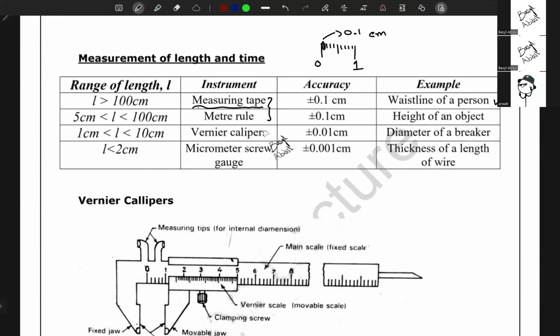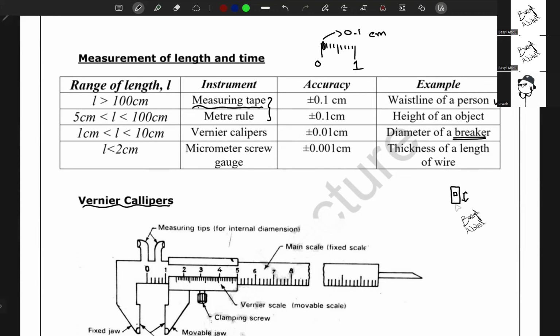Then we have Vernier calipers. We'll talk about them in more detail. A Vernier caliper is used to measure lengths from 1 centimeter to 10 centimeters, and it is accurate to about 0.01 centimeters. You can use it to measure the diameter of a breaker. Are you aware of what a breaker is? It's a circuit breaker with a switch on it which can flip up and down.